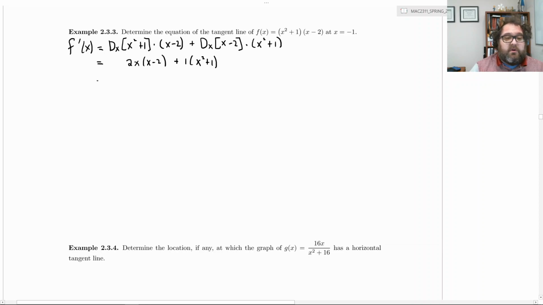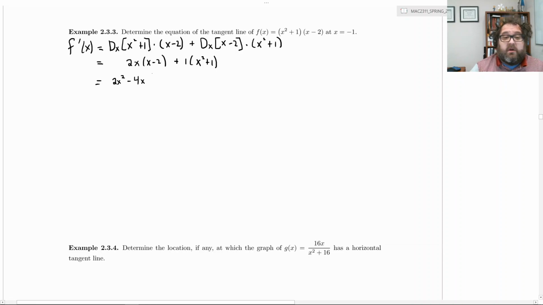So I don't usually do this because it requires more work and it's not necessarily super helpful. But here, it's not just a little bit of work to distribute and collect like terms, and it will make this one look a little better. So I'm going to distribute here and get 2x squared minus 4x, and then we don't have to distribute really at all here because it's just multiplied by 1.